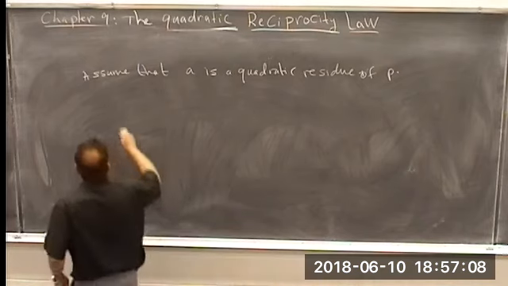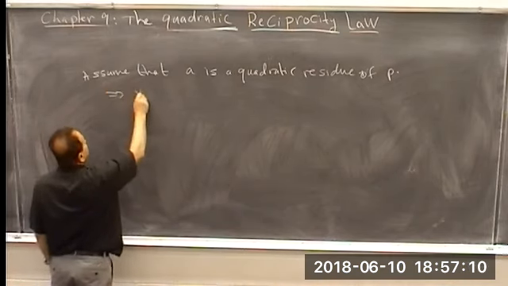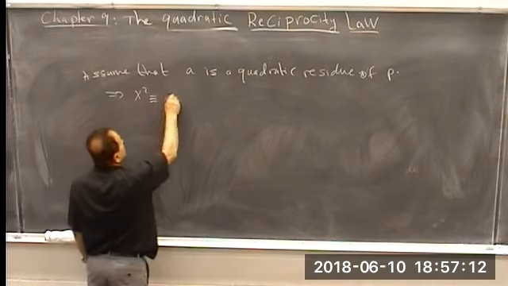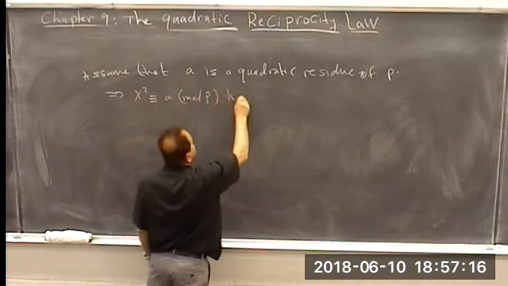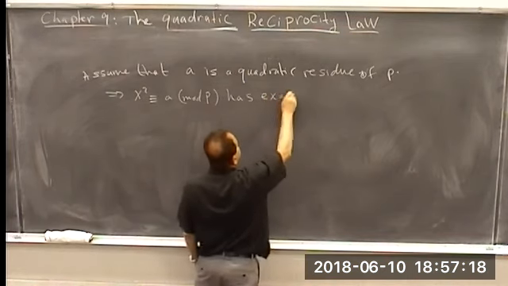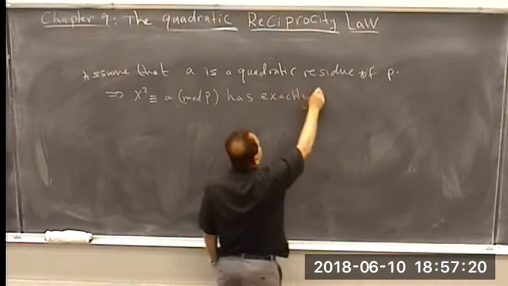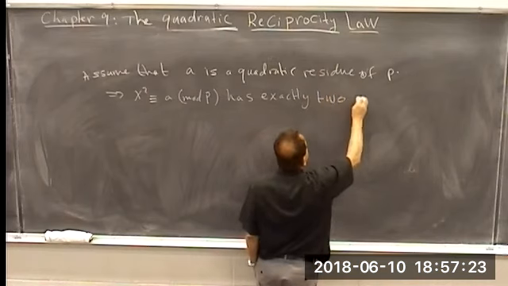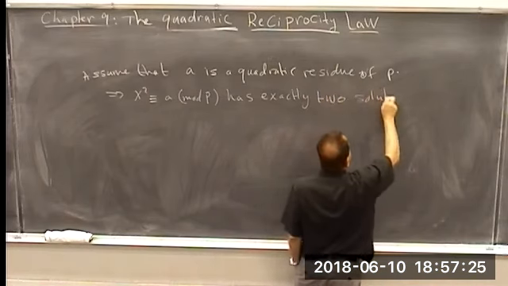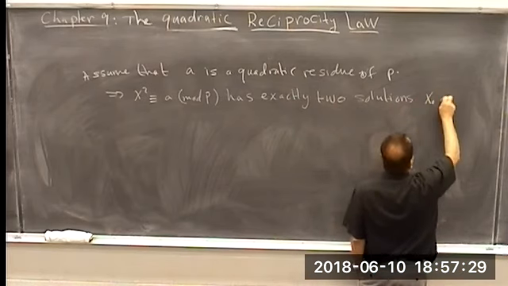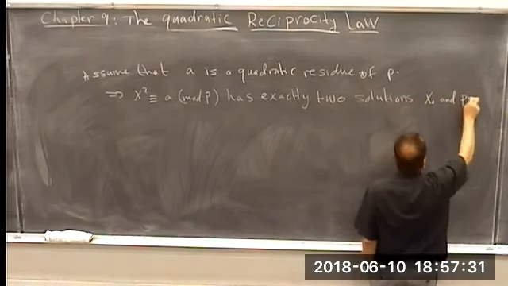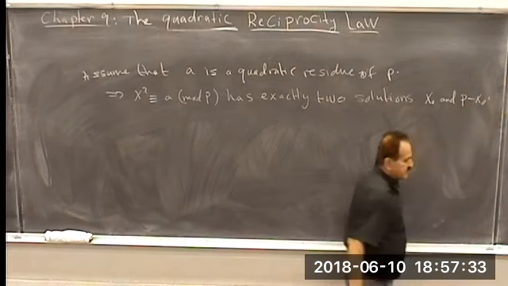Then, as we've seen, x squared congruent to a mod p has exactly two solutions, x sub 0 and p minus x sub 0.